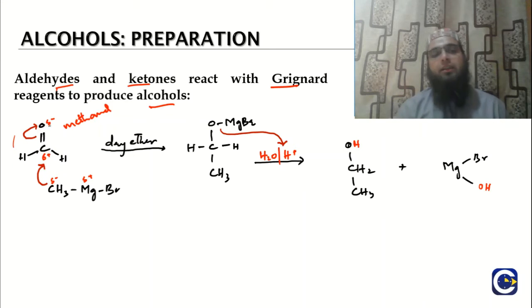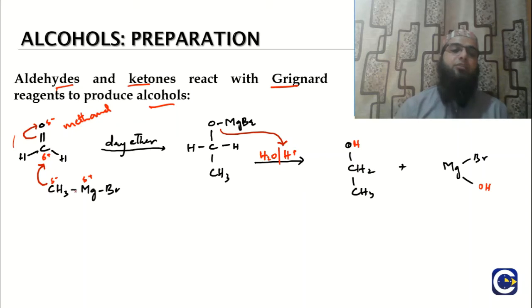As we already know, this carbonyl group is polar in nature, so there is a small positive charge on the carbonyl carbon and a small negative charge on the oxygen. The bond between carbon and magnesium in the Grignard reagent is also polar, because the metal is less electronegative than carbon.